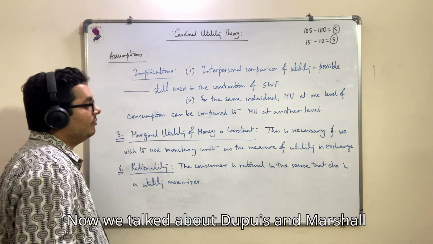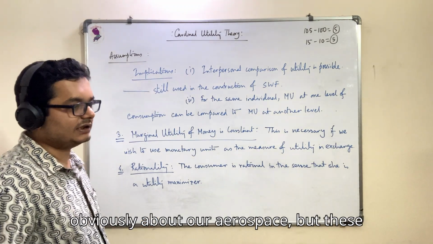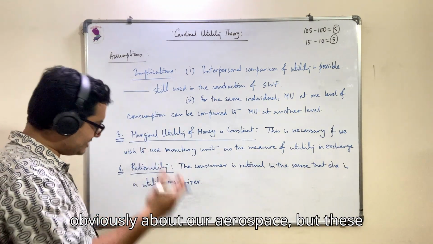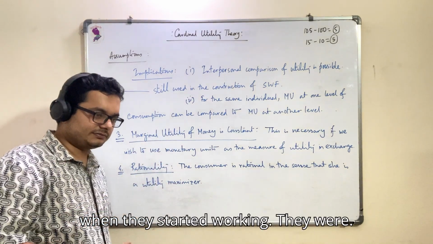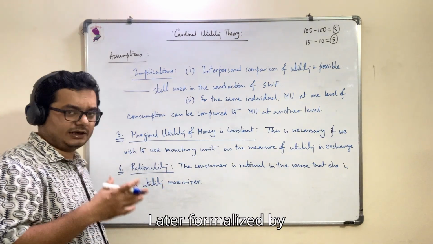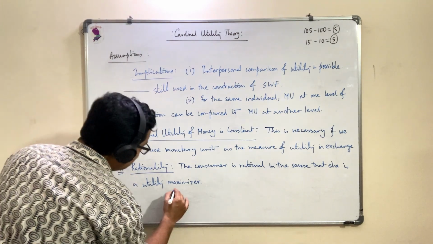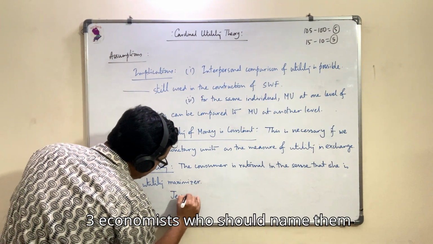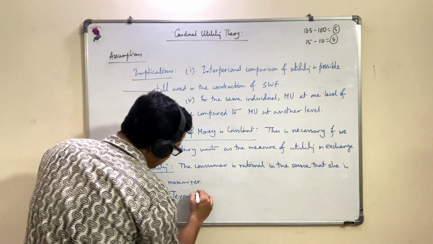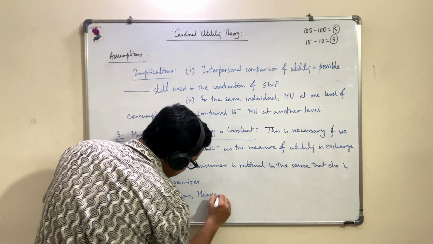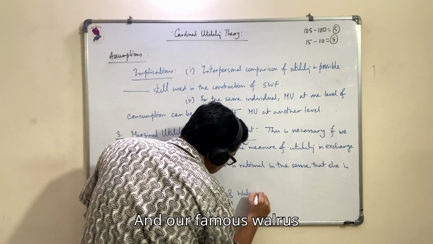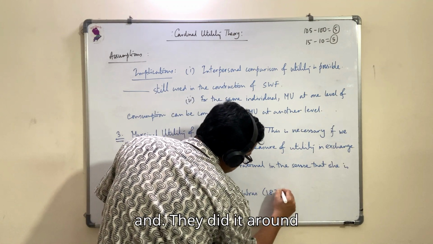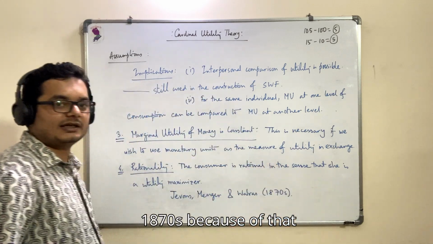Now, we talked about Dupuit and Marshall, obviously, but these assumptions were not in this form when they started working. They were later formalized by 3 economists, we should name them, Jevons, Menger, and our famous Walras, and they did it around 1870s.